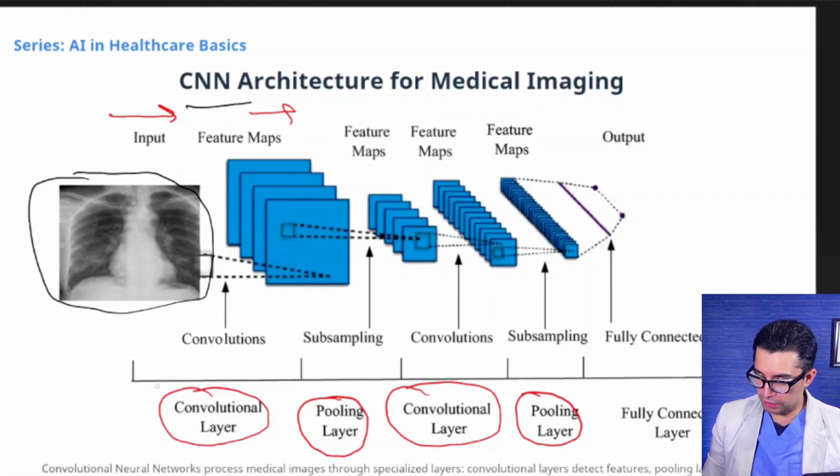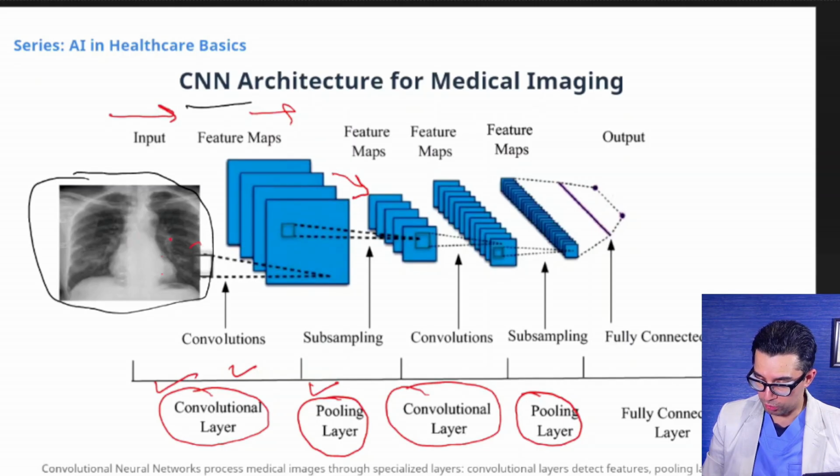The convolutional layers detect medical features such as edges, textures, and patterns in any lung tissue. Then the pooling layers right over here reduce the image size. You can see they are actually reducing the image size, but they look to preserve the diagnostic information that is contained.